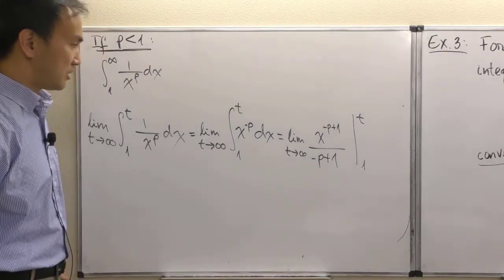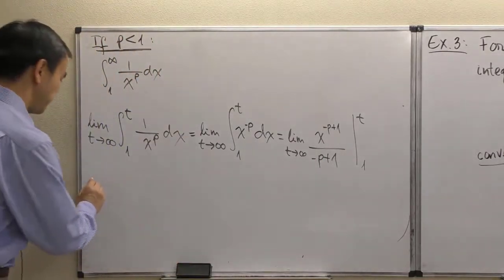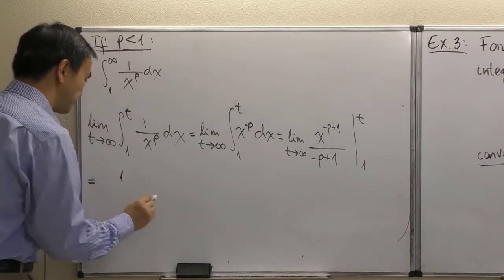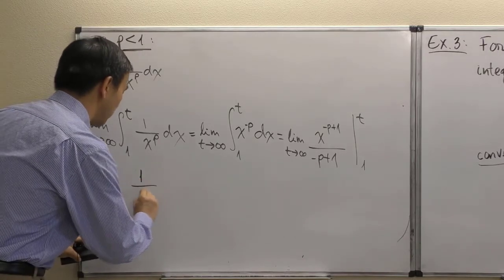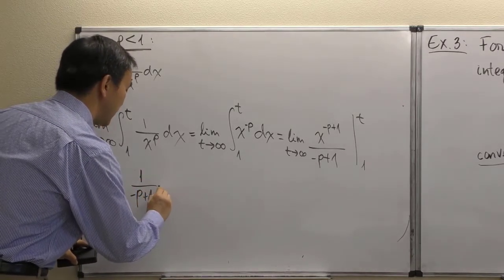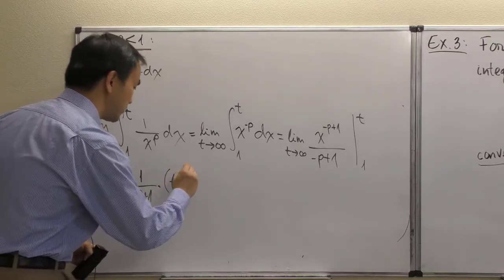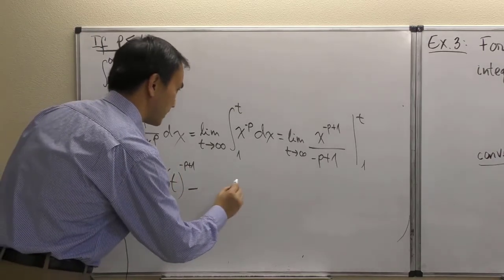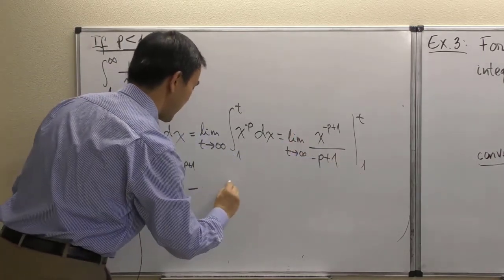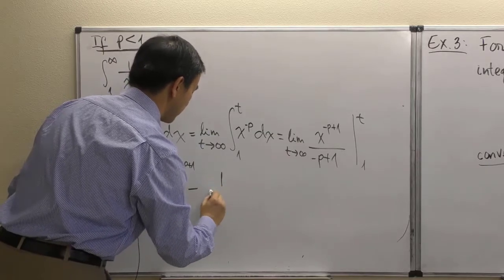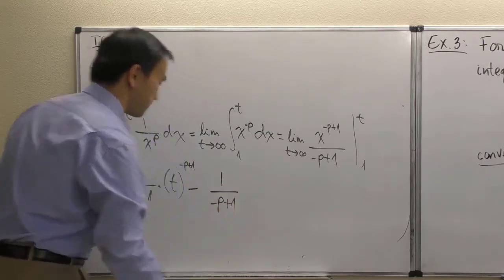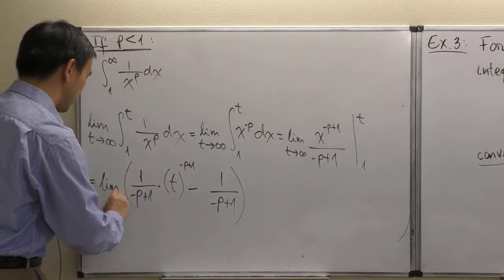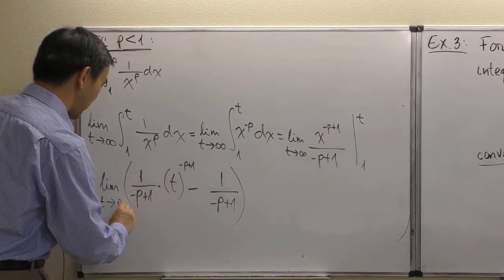So that becomes 1 over minus p plus 1 times t raised to the power of minus p plus 1, minus, substituting 1 for x, 1 over minus p plus 1. Overall this depends on t, so I'm going to take the limit as t approaches positive infinity.